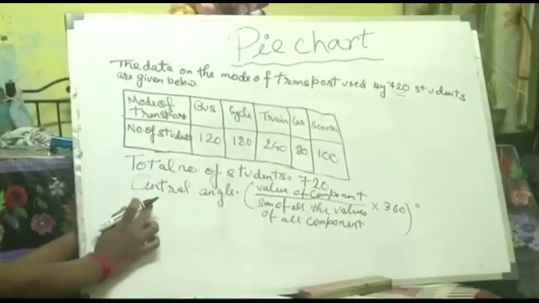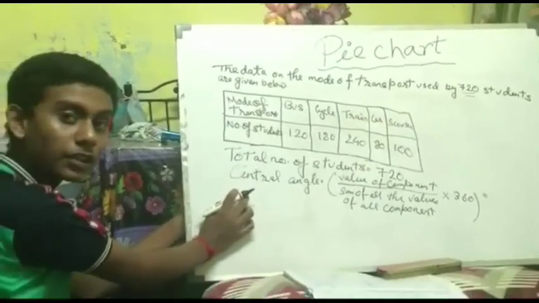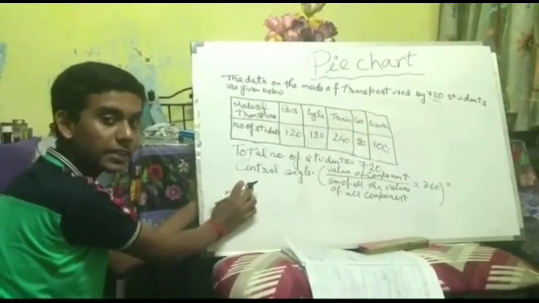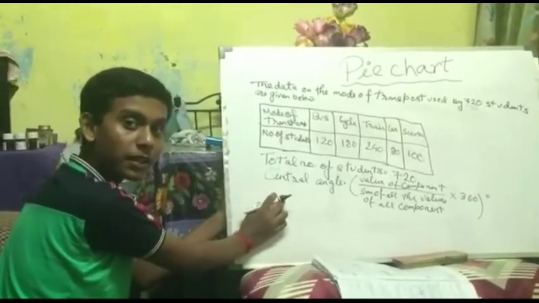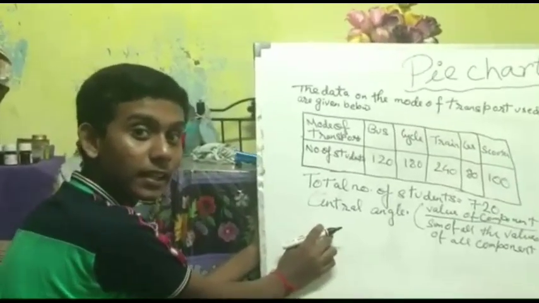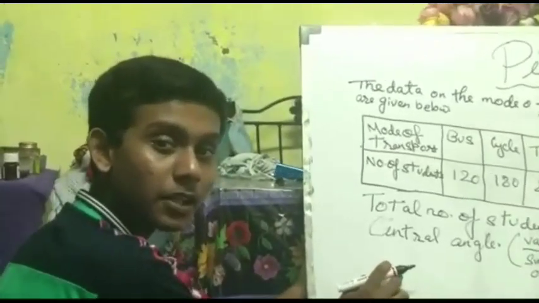This is the formula we have to keep in mind for finding the central angle. We have to keep this formula very carefully. This is a very careful and vital part of this chapter.